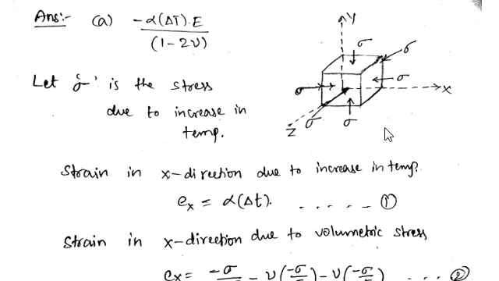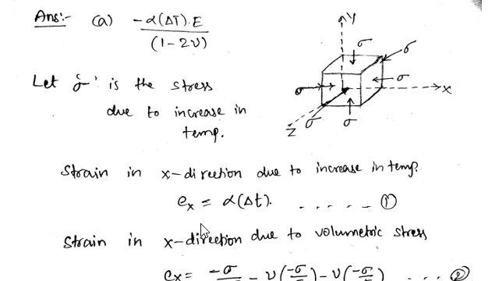So there is a compressive stress acting on all faces of the block, and that will be the same in x, y and z direction. Magnitude will be the same. So let sigma be the stress due to the increase in temperature, that is the thermal stress.